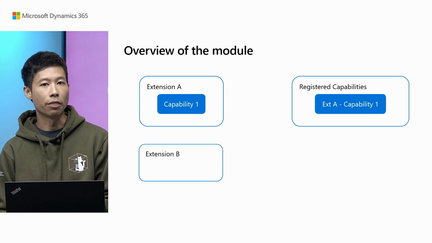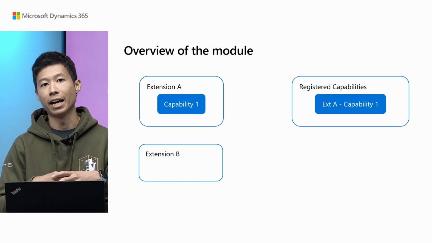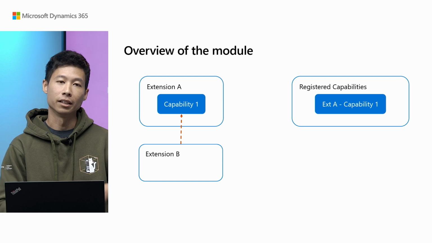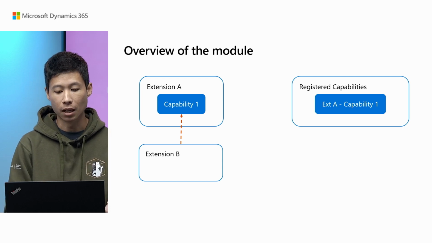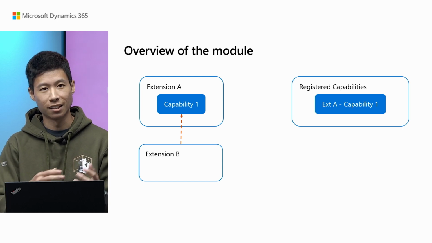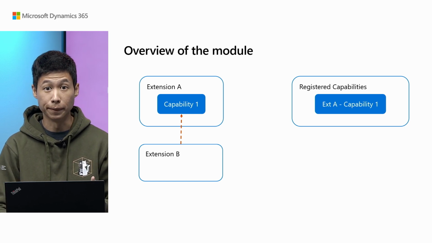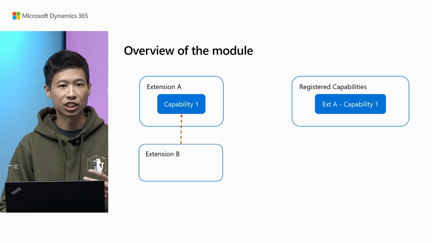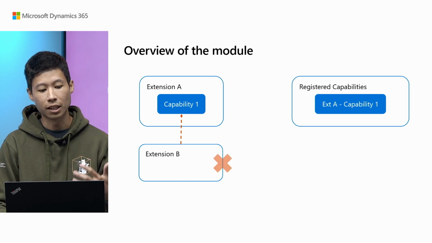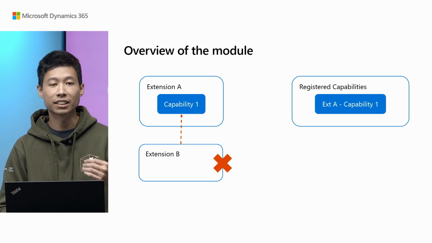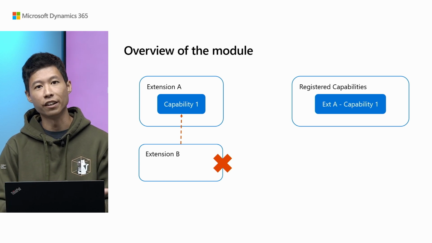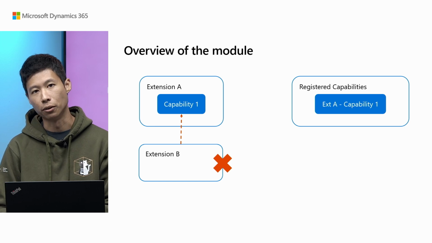In the case now, there is extension B. It doesn't extend the enum and tries to use the capability 1. However, it doesn't register it with the Copilot capabilities. And in such a case, when extension B actually tries to do any generation, this will fail. Extension B can use capability 1 only if it registers it as well.